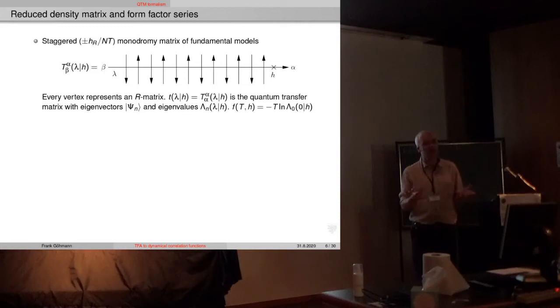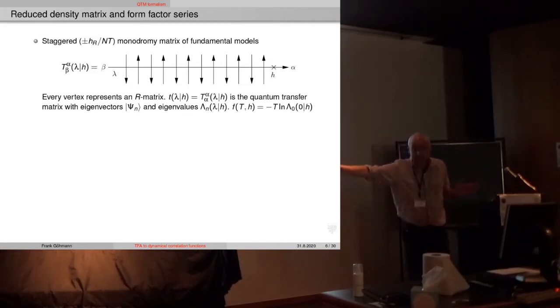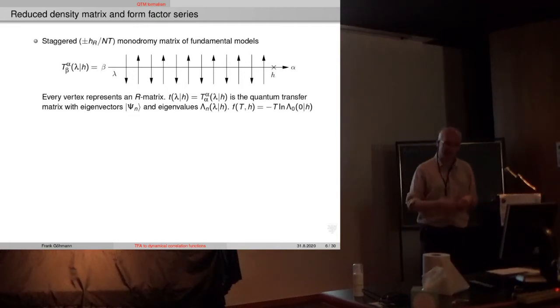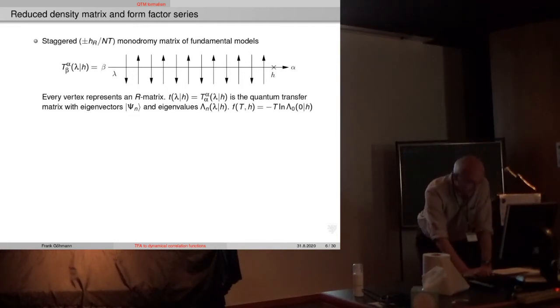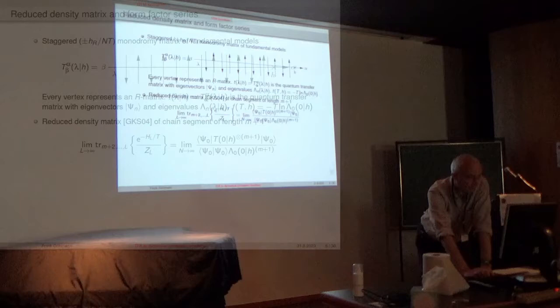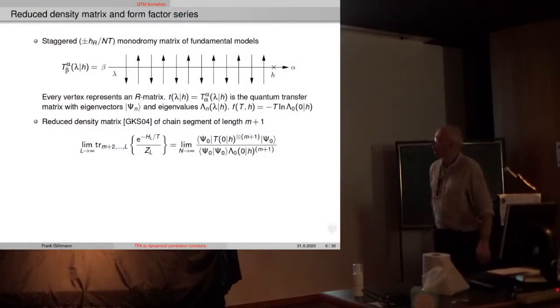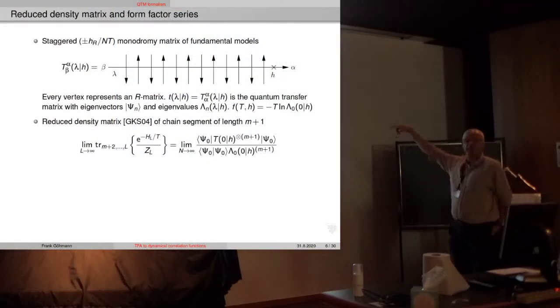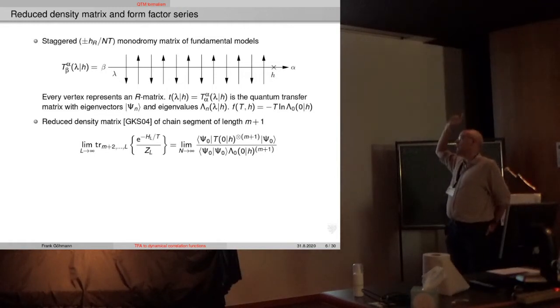If you are in the usual formalism, you have to sum over all eigenvalues, you get all the strings and all the stuff, TBA. This is avoided here. So in the beginning, this was also called thermodynamics without strings. This is an old story. But I entered this game with a paper in 2004. The observation was that one eigenvalue determines the thermodynamics.